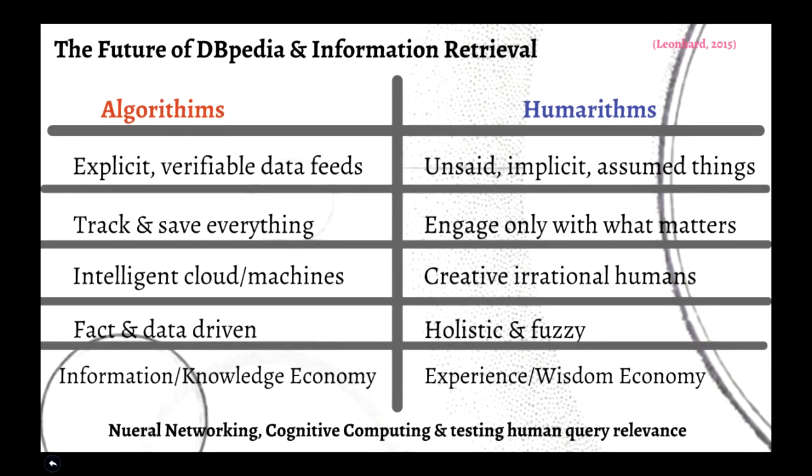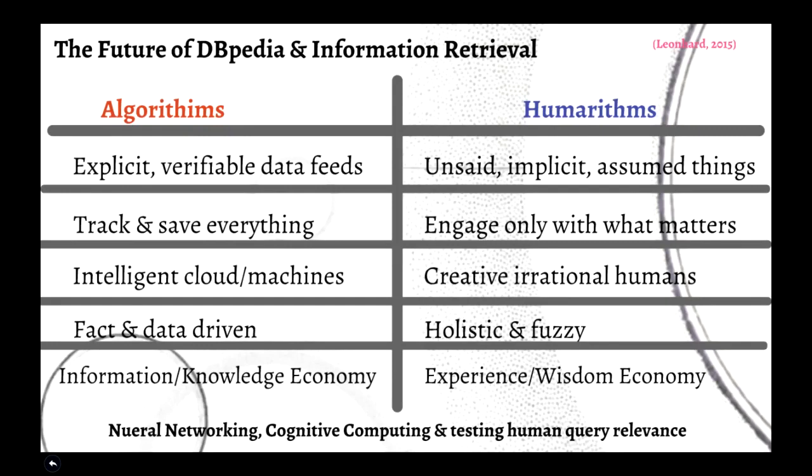Algorithms are fact and data driven, which is a perfect example of how DBpedia works, while human rhythms are holistic and fuzzy in that they're complete people, and sometimes they have emotions that can be sad, happy, angry, and those have to be taken into consideration when we look at the semantic web.